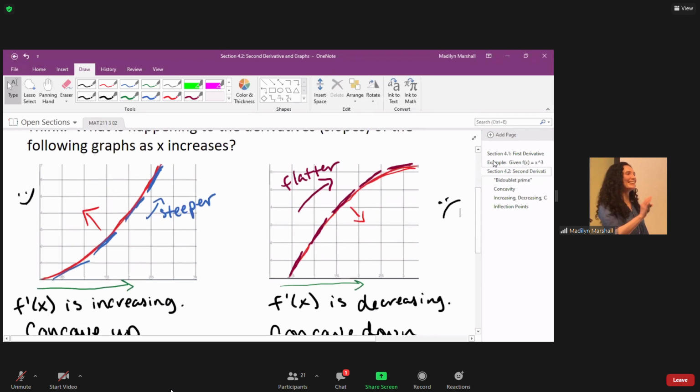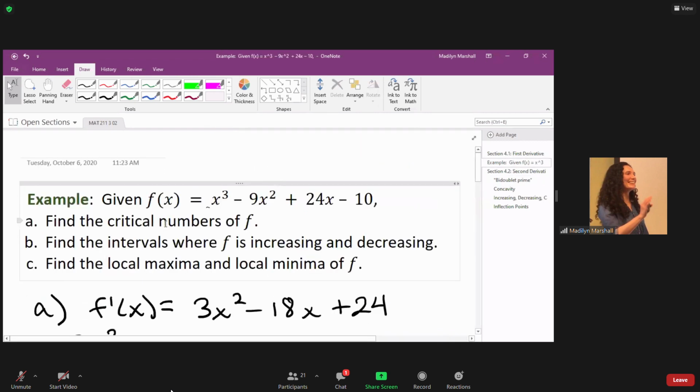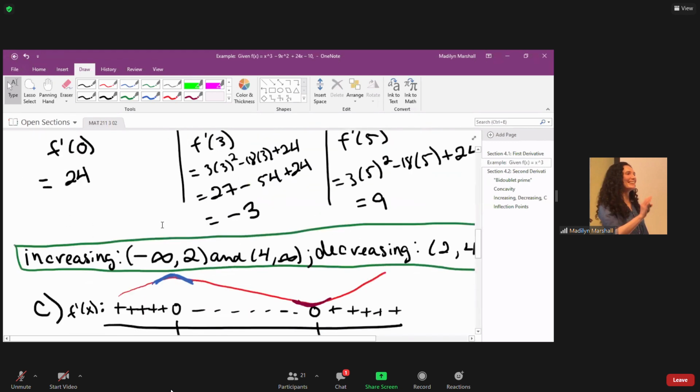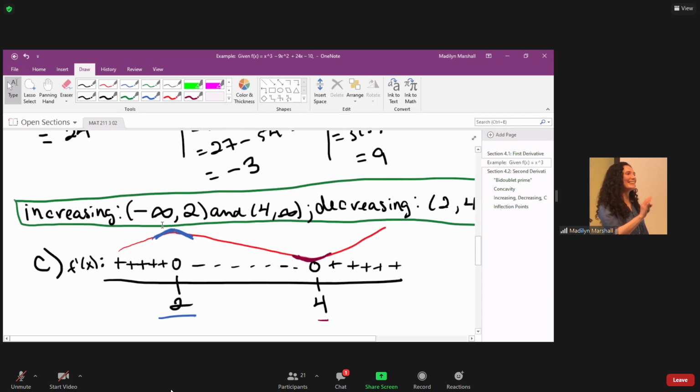But I'm just going to go back for a moment. Conceptually, this was the problem we were doing before. In order to find where the function is increasing or decreasing, we found where the derivative f prime was positive or negative by making a sign chart.